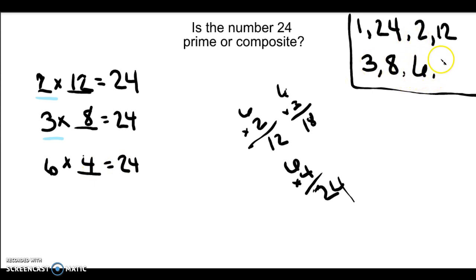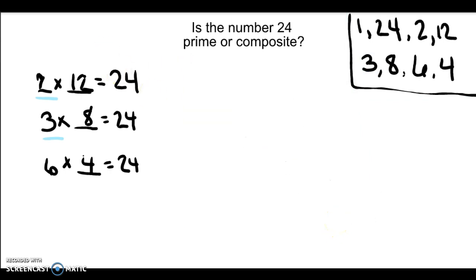The important thing to remember if you're going to use this divisibility rule strategy is that multiplication and division are the opposites of one another. So if I wanted to, for example, do 3 times 2, this is not related to the number 24, but just bear with me for a minute.